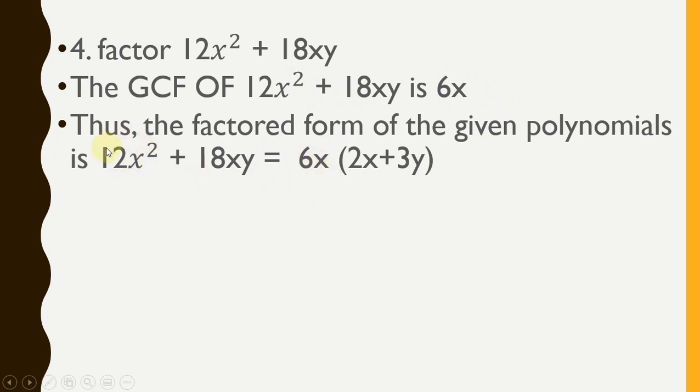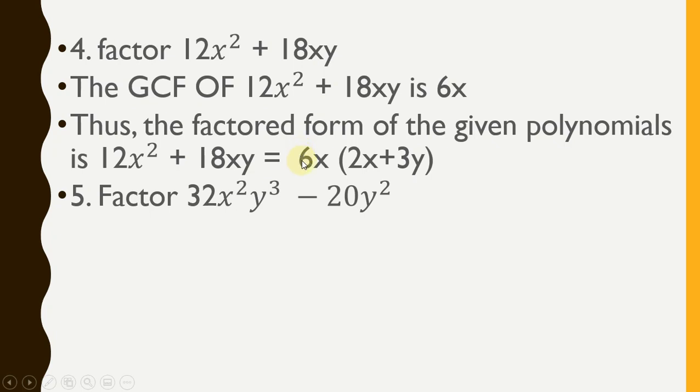So, 12x squared divided by 6x, we have 2x. 18xy divided by 6x, we have 3y. So, therefore, the answer is 6x times 2x plus 3y.